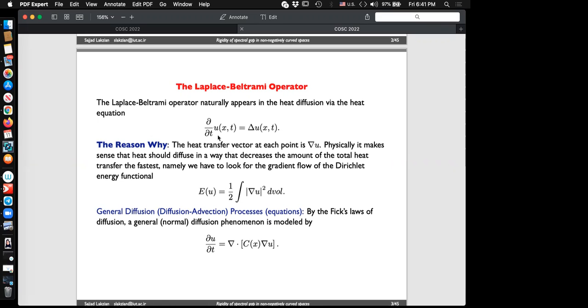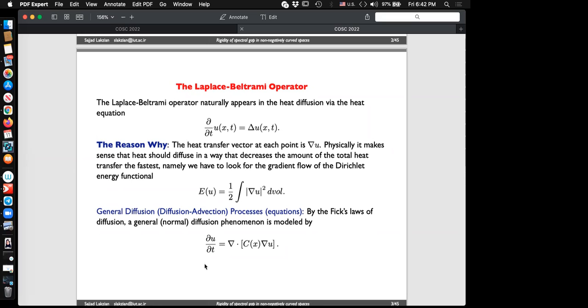From the geometric point of view, or maybe again the analytical point of view, when you want to minimize energy, like a stress tensor energy, which is given by the Dirichlet energy functional, then if you take the gradient flow of this energy, it would be the heat equation, and the Laplace operator again shows up.